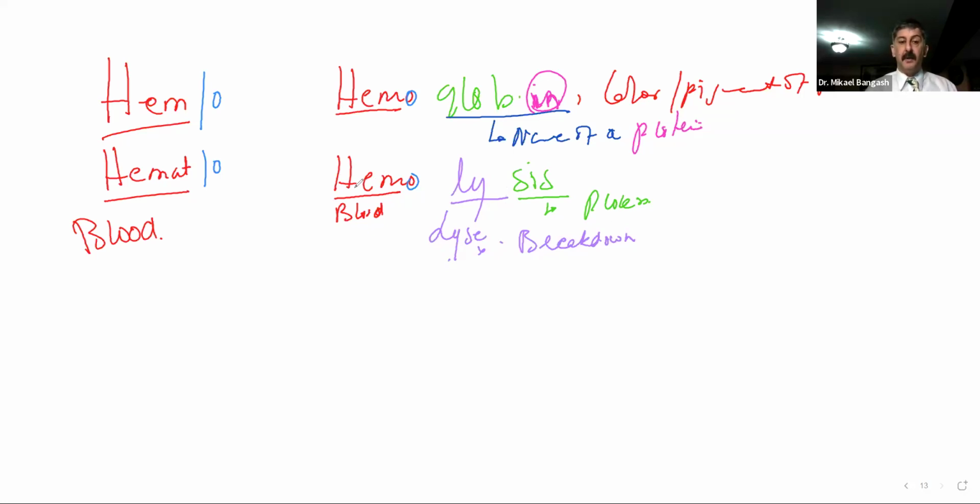Now, hemo is blood, with the combining vowel. Ly is just short for lysis or lyse. Cis makes this whole term the name of a process. So there's a process known as hemolysis. And what happens in hemolysis?